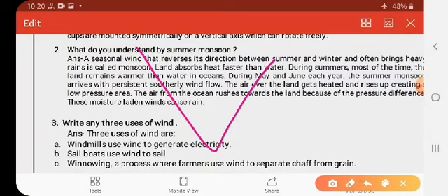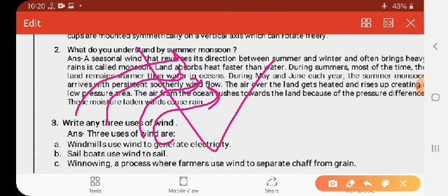We know that in summers land becomes very hot as compared to the oceans, so the air rises up, and rising air causes low pressure over the land, and due to which the cool air from the ocean starts taking its place, right?